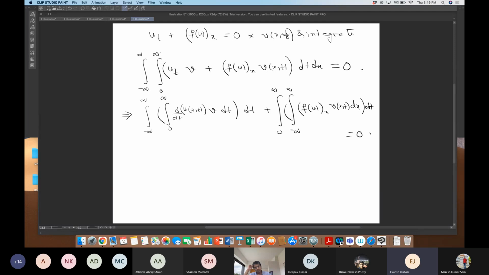Have you heard the name Fubini's theorem? Then why don't you know what Fubini's theorem is? You have to check whether the integration is finite. What are the conditions for applying Fubini's theorem?